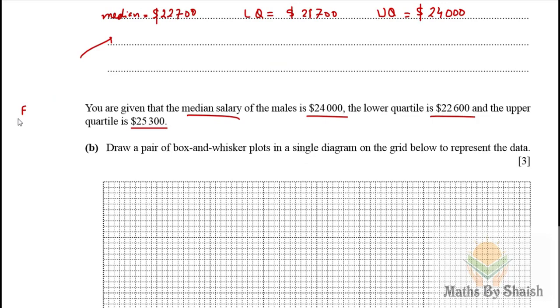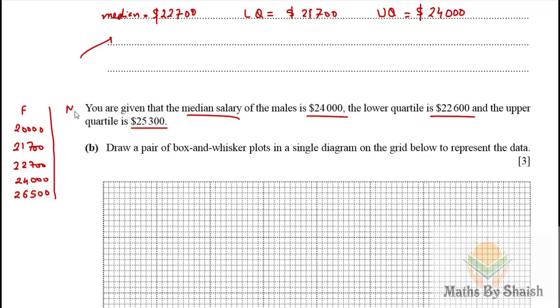So for females, the minimum value is $20,000. I'll write in order: then the lower quartile we found in the previous part was $21,700, the median was $22,700, the upper quartile was $24,000, and at the last we required the maximum value, which was $26,500.